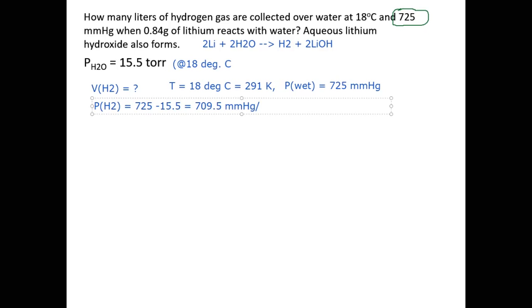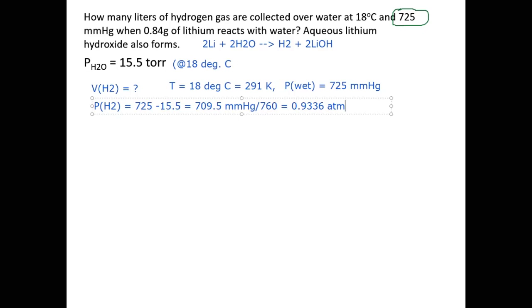So divide by 760. 0.9336. It's always good when you're converting to ATM to keep 3 or 4 significant figures, because if you round too much, you get a significant deviation in your answer.